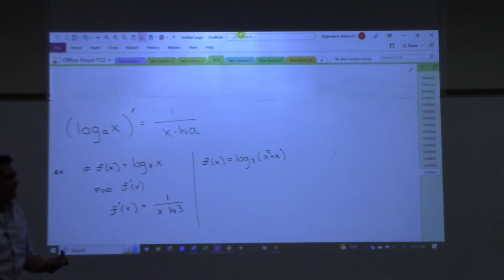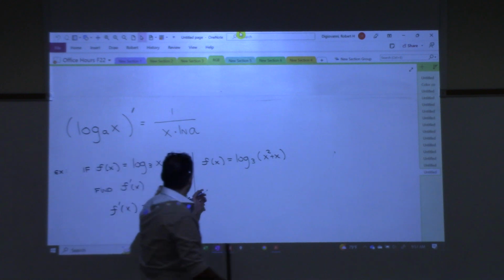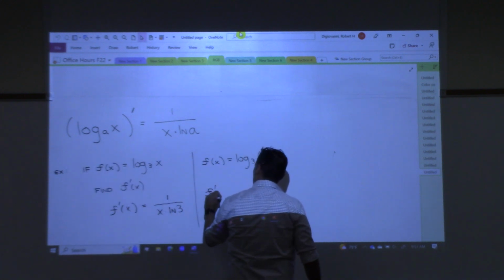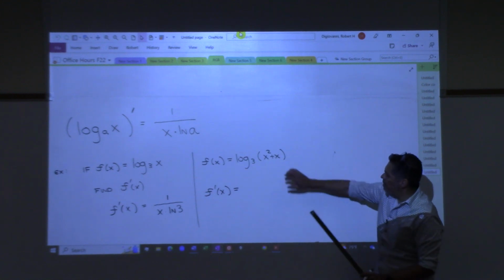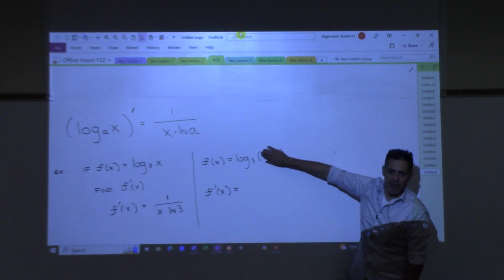What's the inner function? The inside is x squared plus x. The outside is the log base 3. So we start with the log base 3. What is the derivative of log base 3 of my hand?